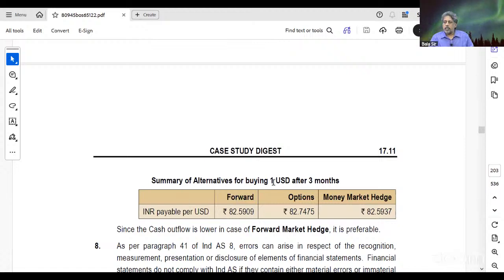Summary of alternatives for borrowing: it's rupees 82.5. Since the cash outflow is lower in case of the forward market hedge, it is preferable. So forward is the lowest, right? The least cost of the three.